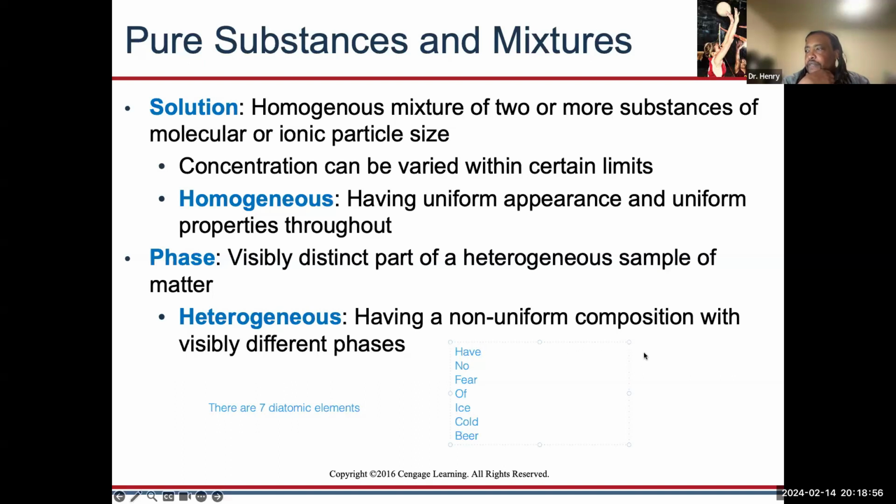Okay, so have no fear of ice cold beer. Have is going to be for hydrogen. No is for nitrogen. Fear is for fluorine. O is for oxygen.